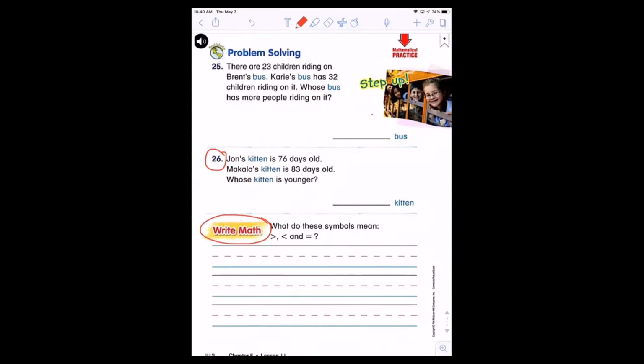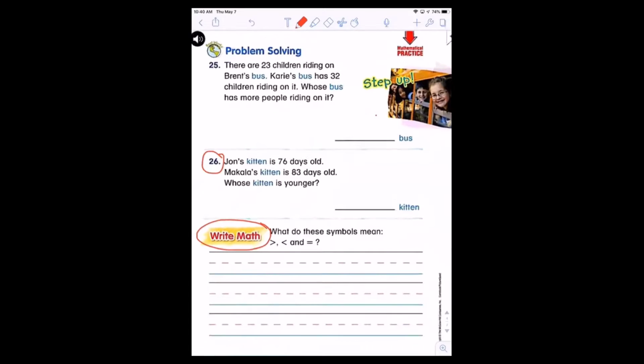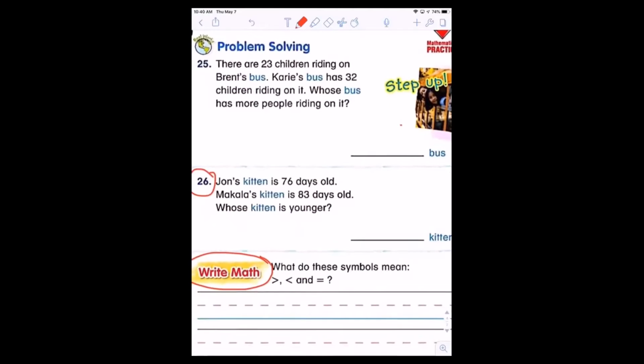Okay, we will be working on number 25 together. There are 23 children riding Brent's bus.